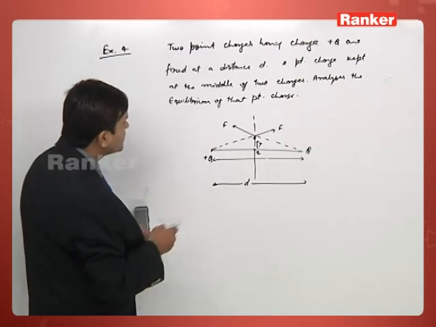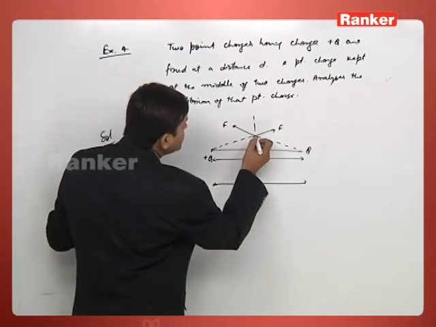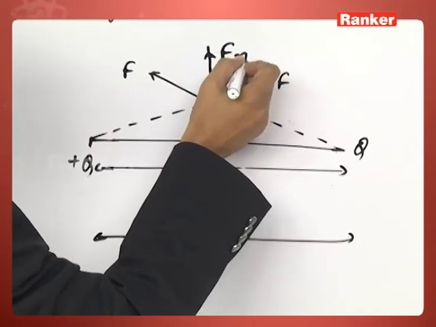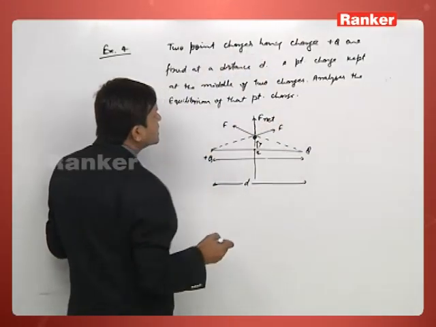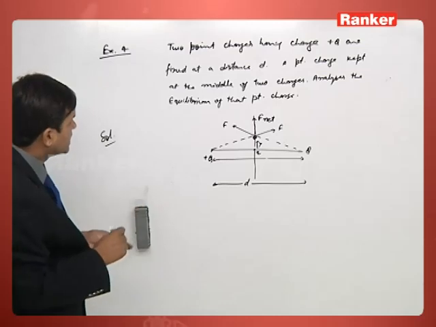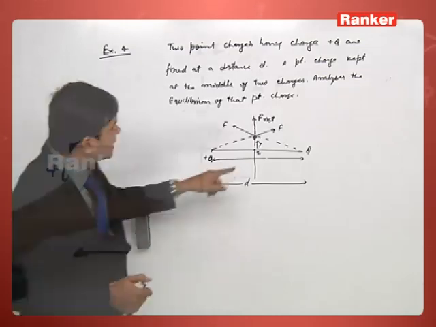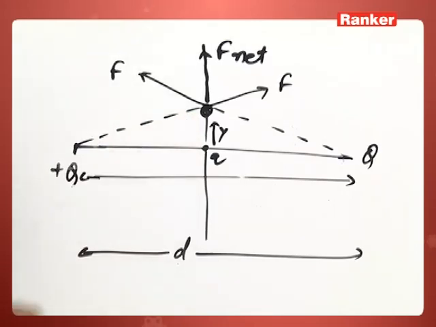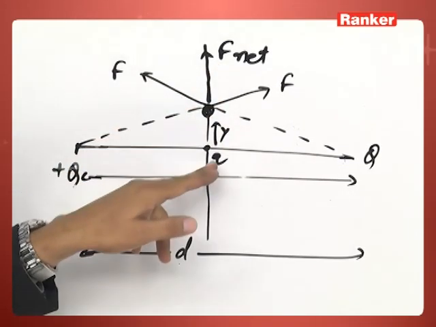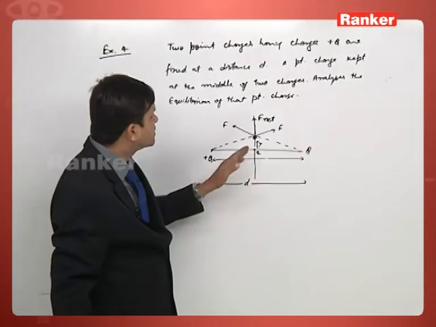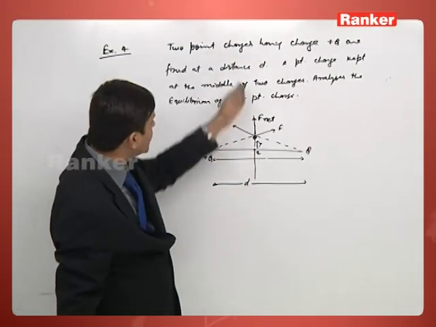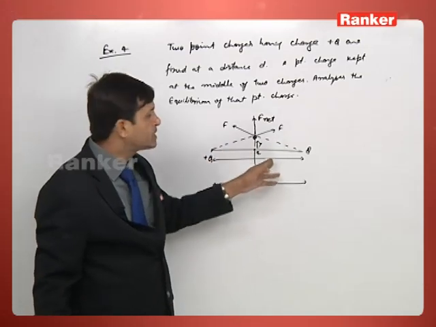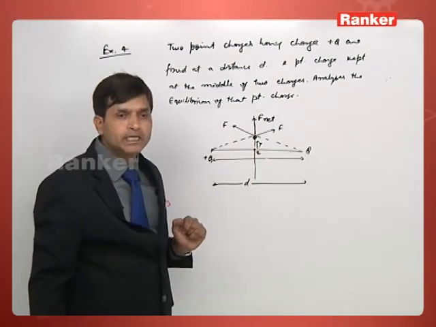Now, what we found here is that the resultant force on this charge is acting in this direction, and our displacement is also in this direction, so the equilibrium of this positive charge along the line normal to the line joining the two charges is unstable equilibrium.